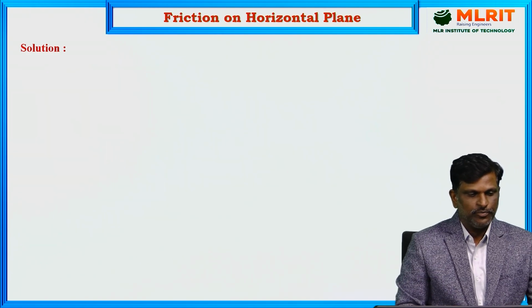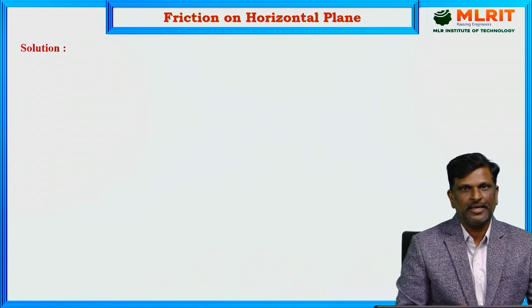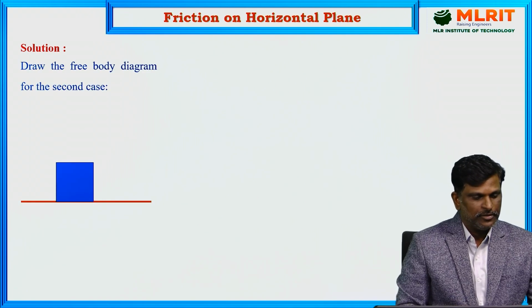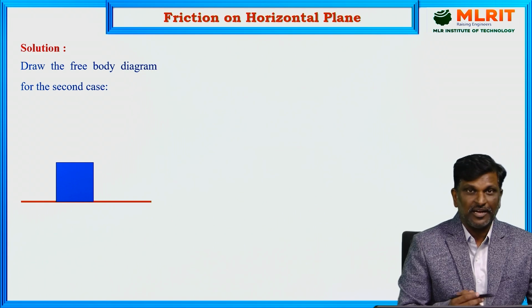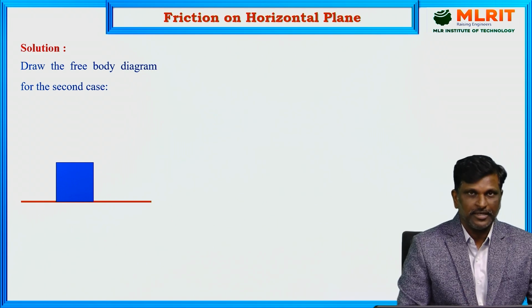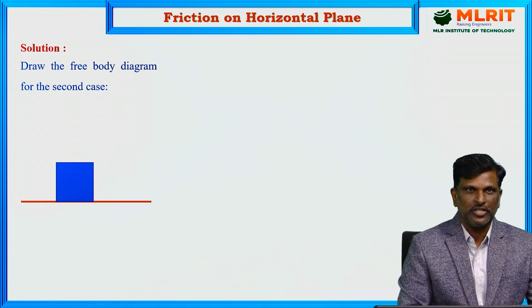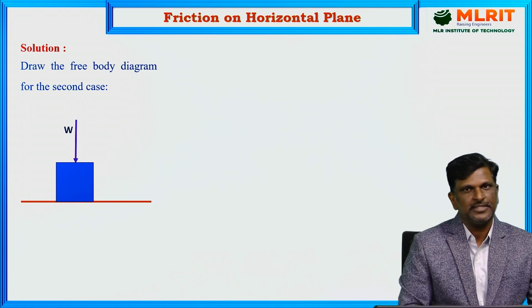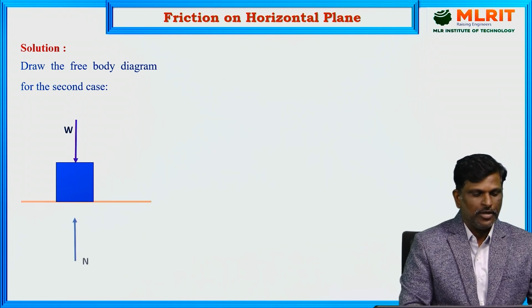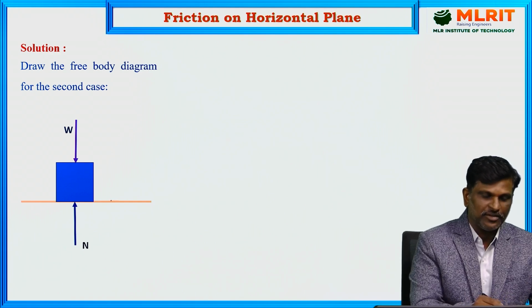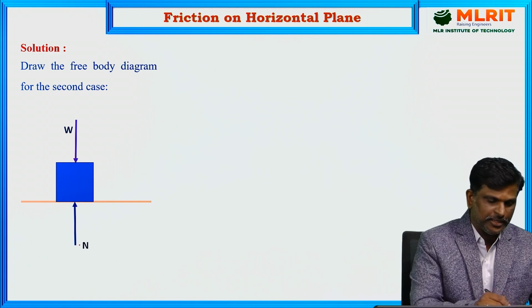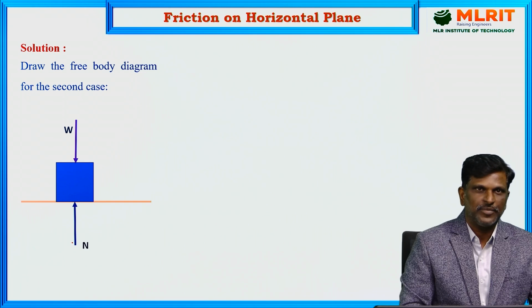Now let us move on to the second case. Draw the free body diagram for the second case. The block is resting on a horizontal plane. Weight always acts vertically downwards. The normal reaction will always be perpendicular to the contact surface; here the contact surface is horizontal, so it is vertically upward.